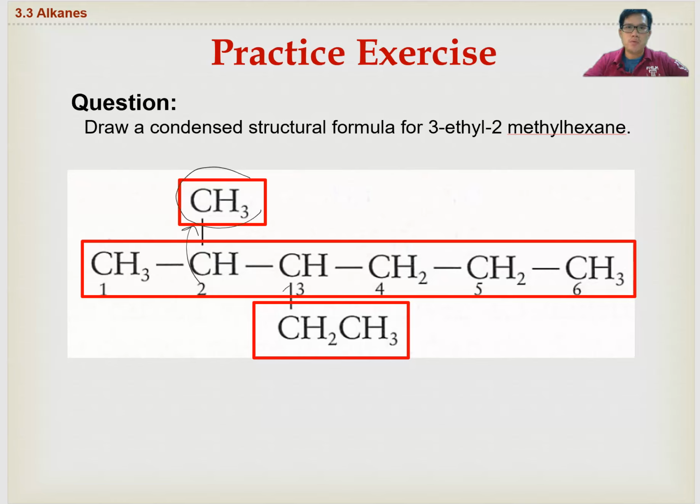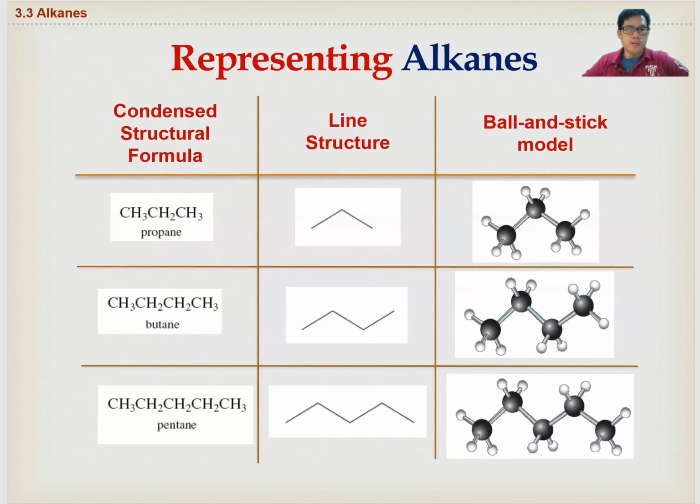There are a few ways to represent alkanes. Of course, this is the condensed structural formula that I mentioned just now. This is a line structure, where each point is 1 carbon: 1, 2, 3. Usually I do not encourage using this one because it's too simplified and you can get confused.